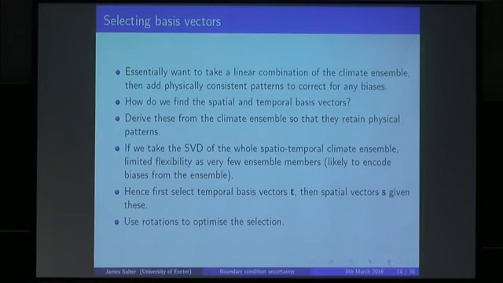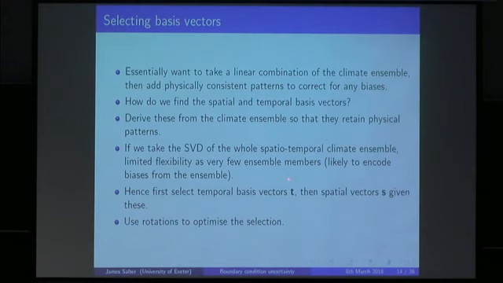One thing we could do is find the SVD basis across the whole spatial-temporal ensemble. This is quite expensive due to the dimensions, and it also limits our flexibility because we only have 16 basis vectors, and explaining the whole variability will induce correlations between very far apart time periods, so this turned out not to be a very good way to go.